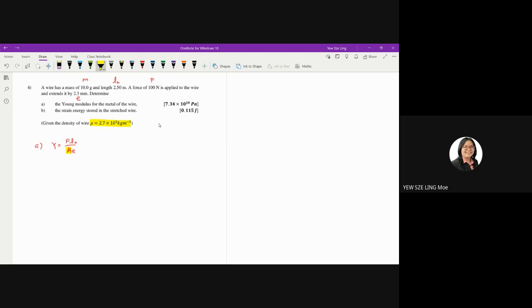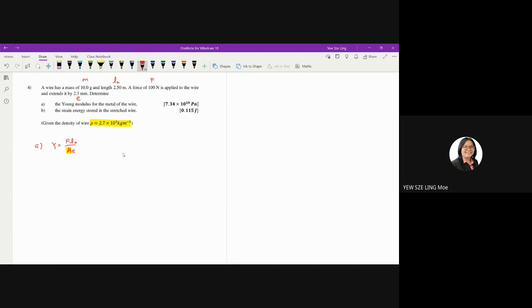Aha, so what is the purpose of density? Try to think. Area, the cross-sectional area, is missing, and you are given the value of density, so it must be something that can be used to calculate the area.